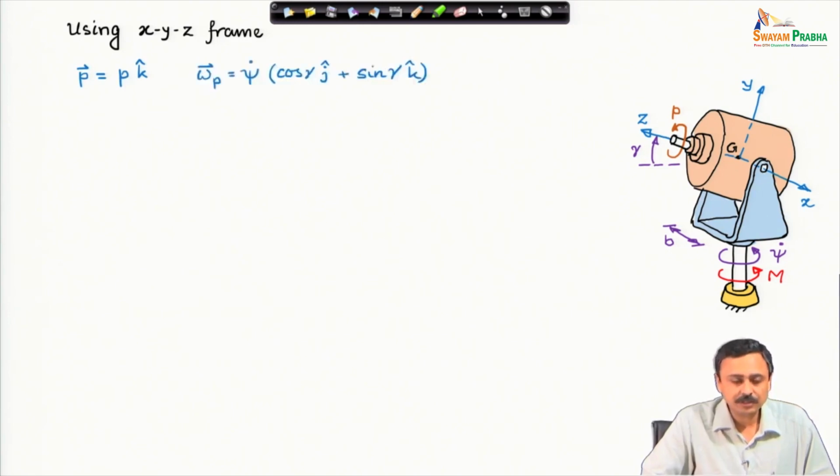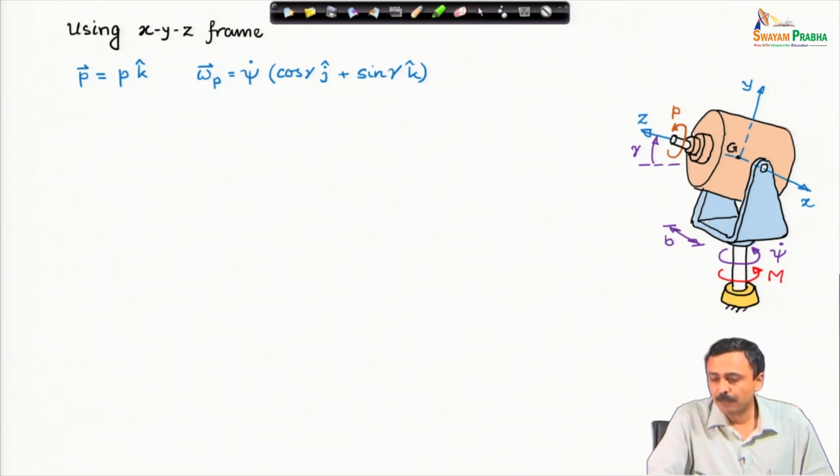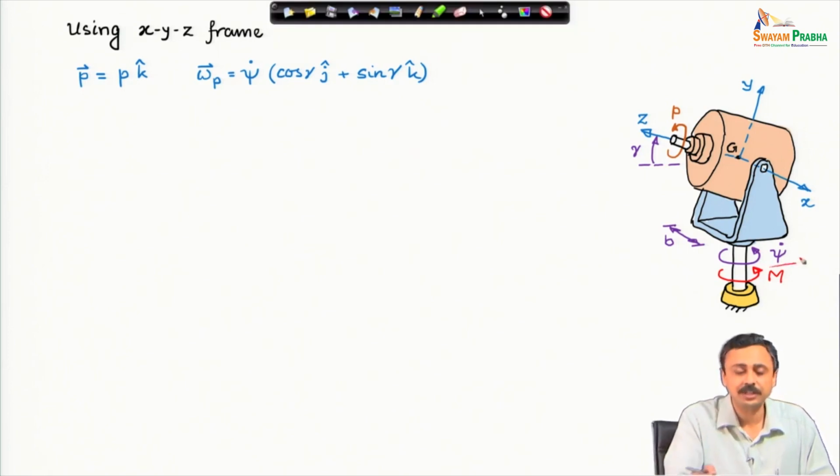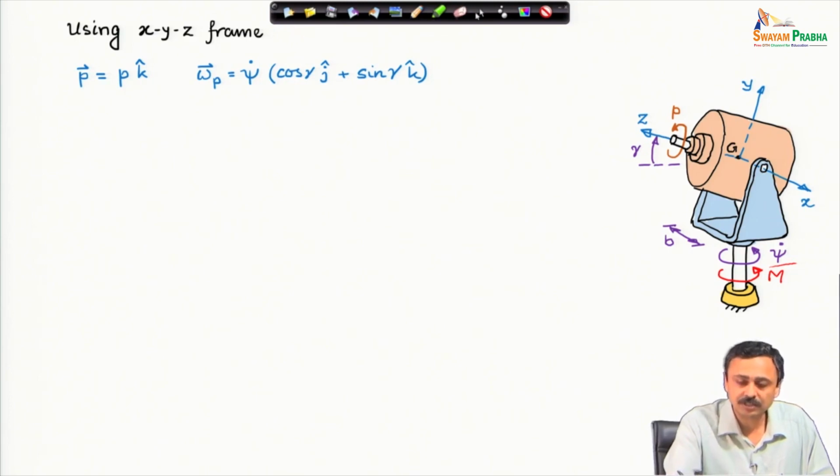The spin angular velocity is p k cap. The precessional angular velocity omega p is because of psi dot, the change in the precession. Suppose there is psi dot; initially psi dot is actually given to be 0, but we will first work through and then put psi dot as 0.